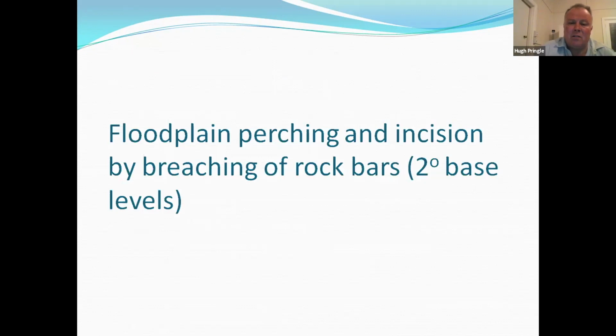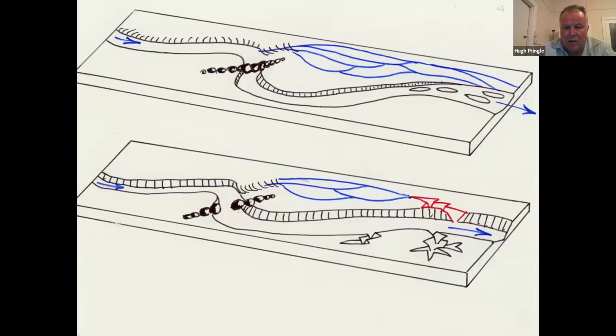So let me just drill down a little bit into the floodplain perspective of this. So your primary base level is either a salt lake or your ocean or whatever. Your second is the base of your major channels, your major creek beds and so forth. And there we have a typical pattern.